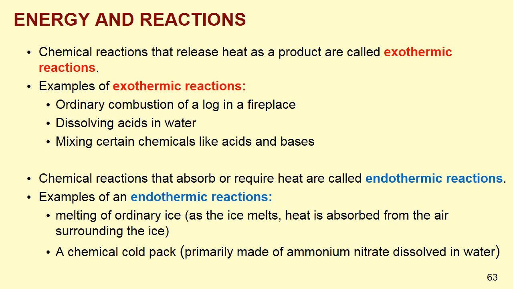So the heat is absorbed from the air. Or a chemical cold pack. What happens usually is there's a chemical, ammonium nitrate, that's stored in a container, and then there's water also in there. When you crack it open, the two mix, and when they mix, they actually absorb heat from the surroundings, and so it gets colder because they take the heat in. So that's an endothermic reaction.